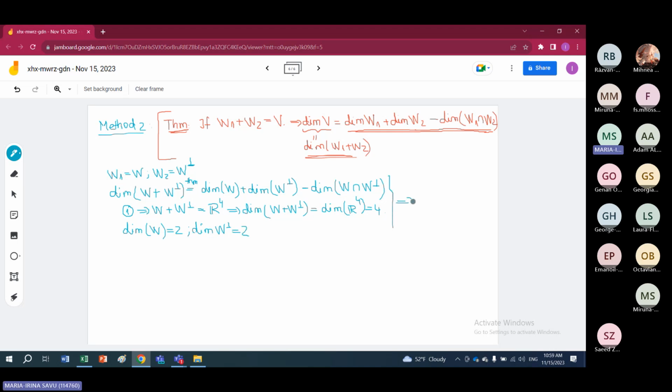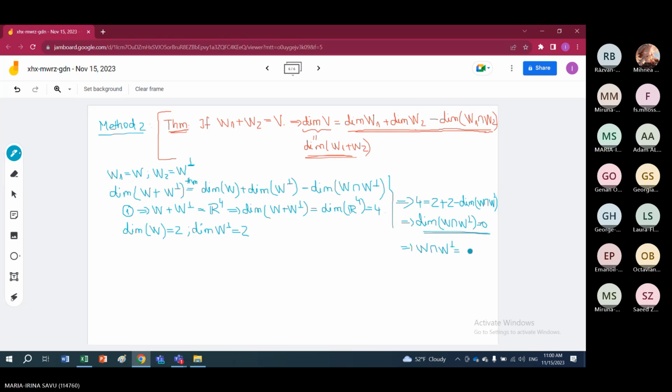So replacing the dimensions in this equation, you will have that this dimension, which is 4, will be equal to this dimension, which is 2, plus this one, which is 2, minus the dimension of the intersection. So it means that the dimension of the intersection is 0. And if the dimension of a space is 0, it means that the space is just the null vector.